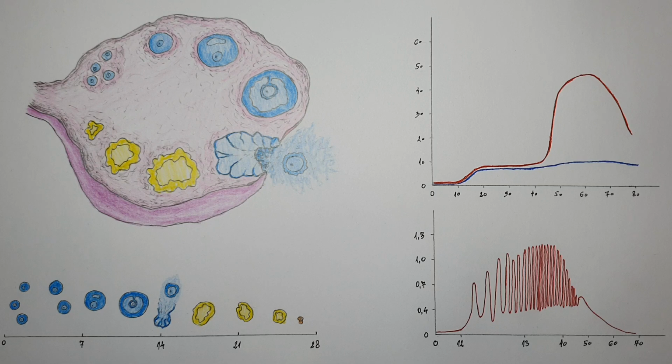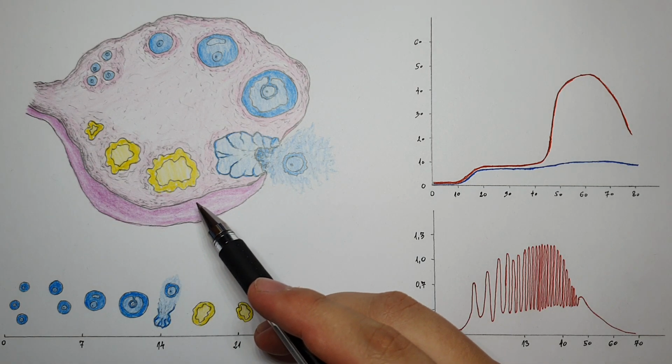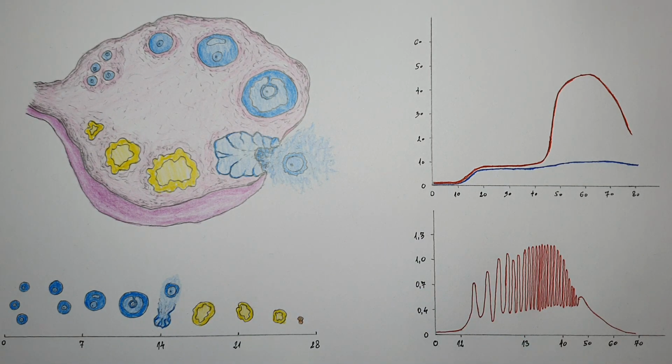Some changes happen in the ovaries and other changes happen in the uterus, and all of this is controlled via different hormones, and all of that actually makes a pregnancy possible.